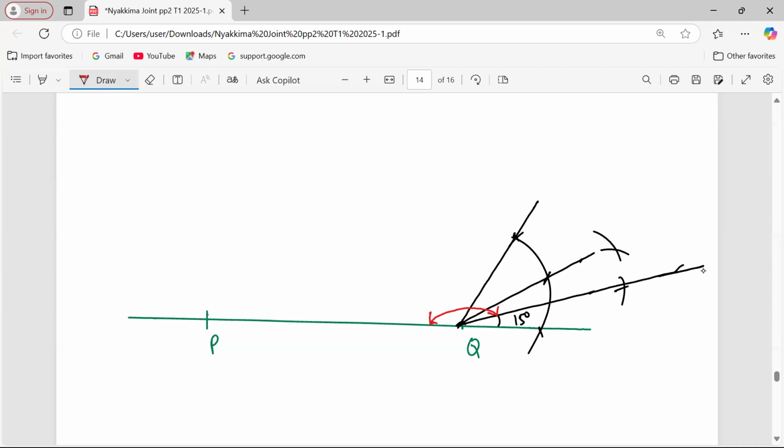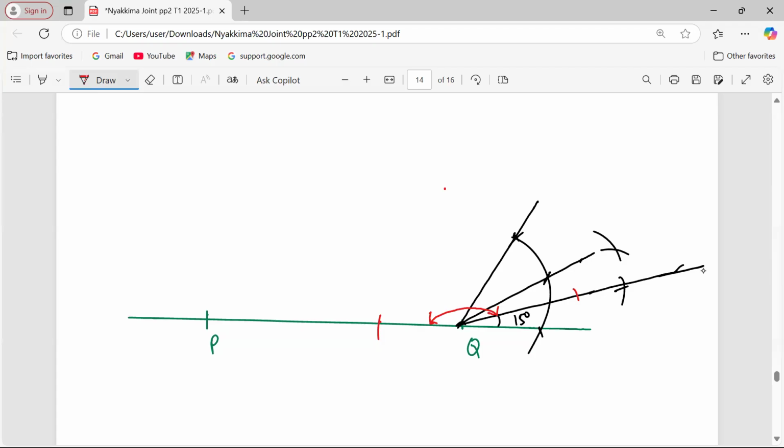165. Now, when 165 is bisected, we are supposed to get 82.5. So that is what we want. Therefore, we stand here, we make an arc, then we make another arc here.